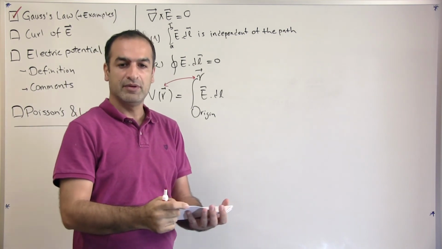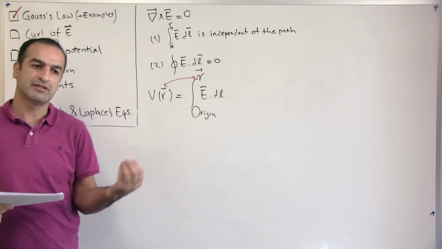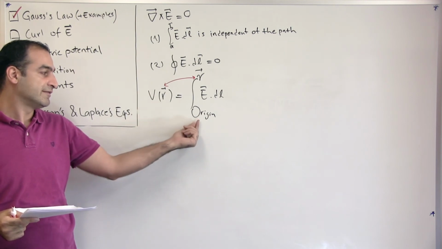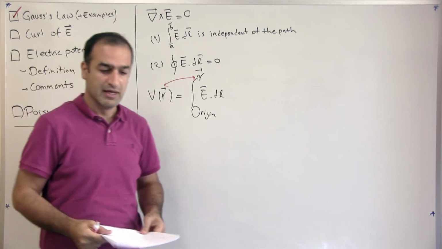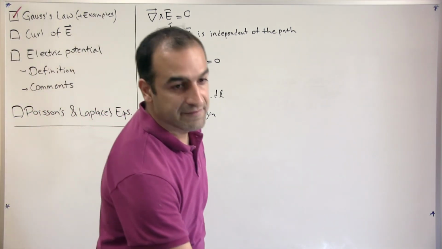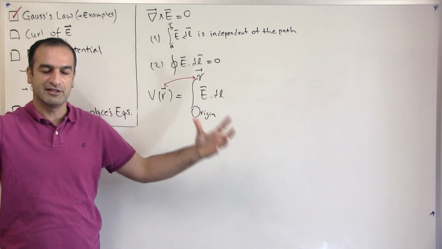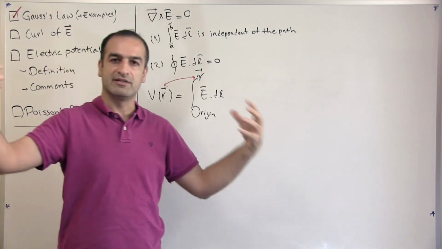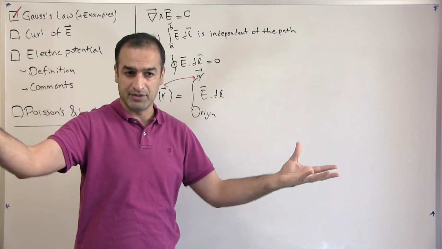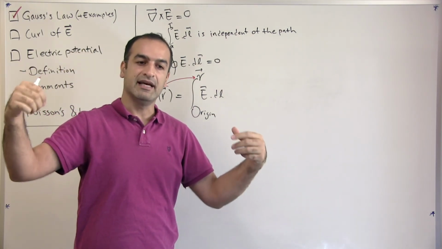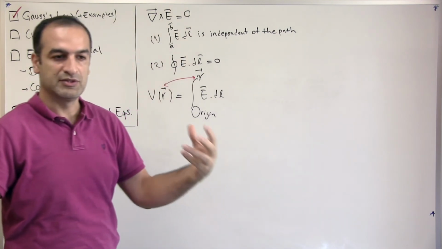It could be any point that you want, and you can always measure the electric potential with respect to this point. For a lot of cases, infinity is a good choice, because if you go to infinity, the electric charge is 0, and you can assume that the electric potential at that point is 0. But at the end, it's up to you. You can choose any value.